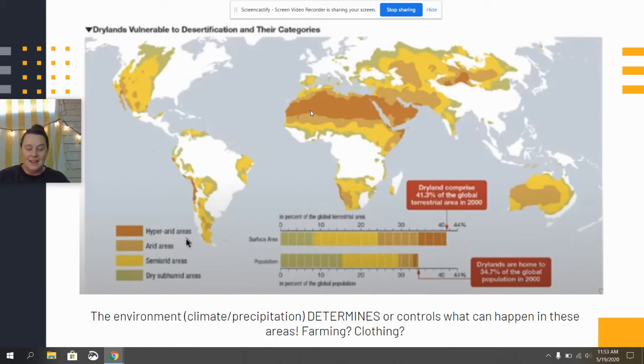There's no way that we can irrigate, or create enough precipitation or bring enough water into the Sahara Desert to create arable land. It's just not going to happen, right? This is an example of how the environment, the climate and precipitation, is determining, it's controlling, it is the main thing that is deciding what kind of activities are going to happen in this area.